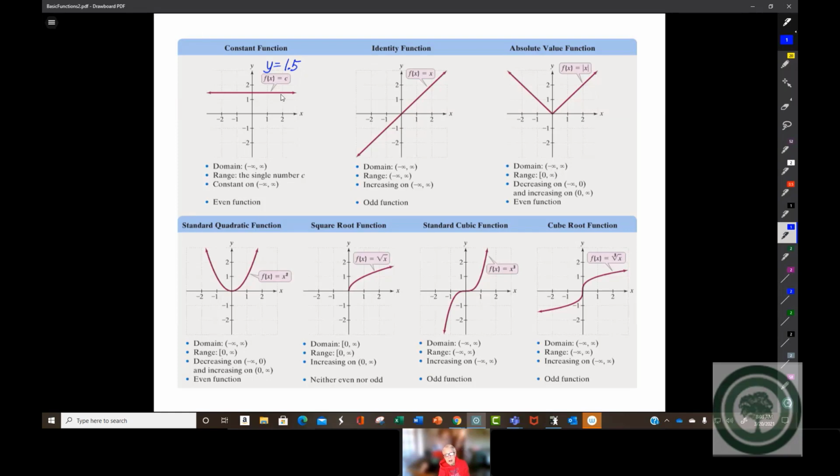It's a horizontal line going through the y-axis at 1.5. All right, here we've got the function y equals x. This is like the mama and daddy of all straight lines. Y equals x.